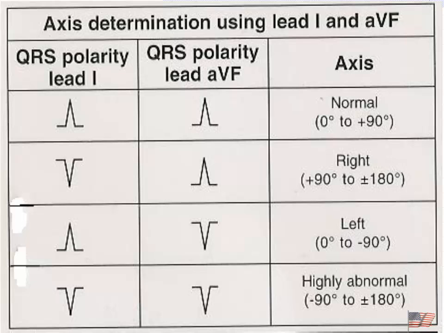Where's AVF? Center to the foot. It's directly perpendicular to lead 1. Does that make sense? That's why we're using 1 and F, because they're perpendicular. One is looking right to left, the other one is looking top to bottom.